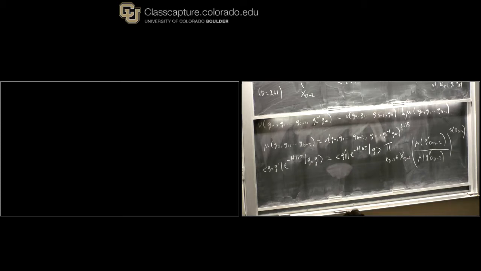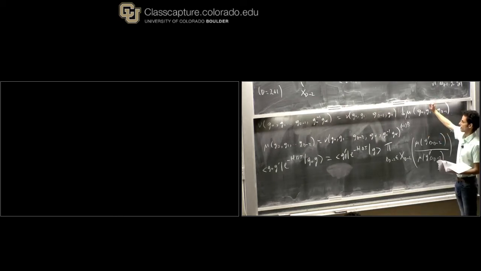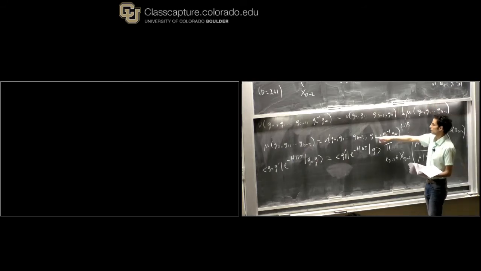Yes? Could you explain that middle formula one more time? This one? Yes, is d minus 2 cochain mu equal to d cochain? Right. So mu will depend on g star and on g naught, and it depends through this. So mu is a d minus 2 cochain.